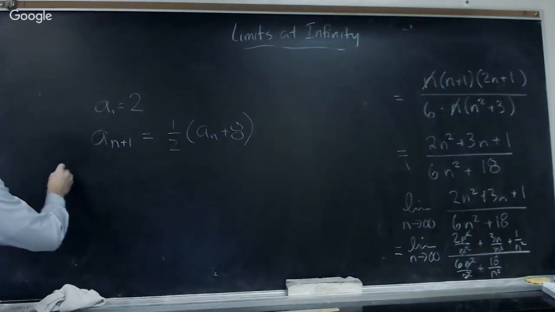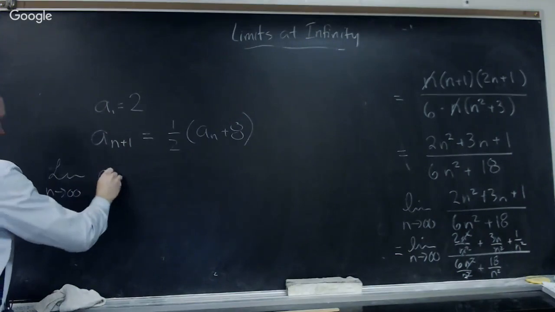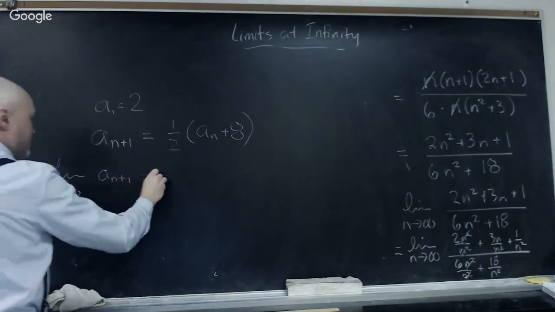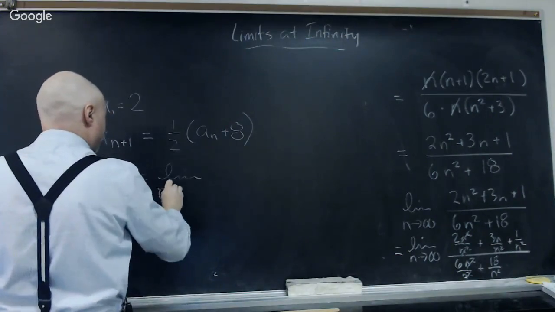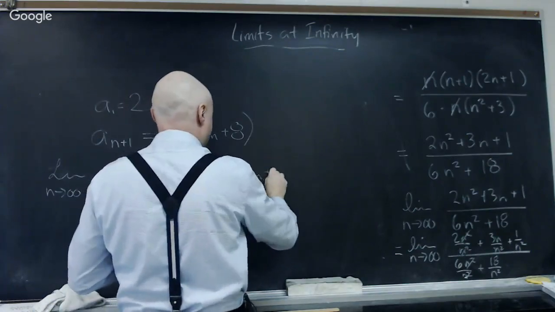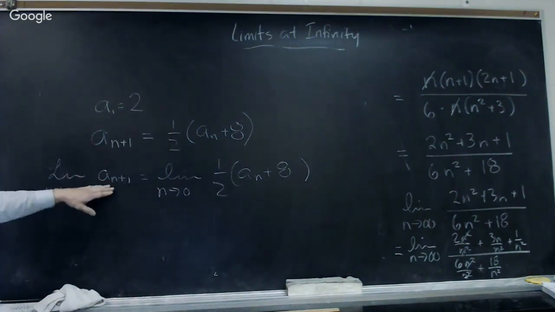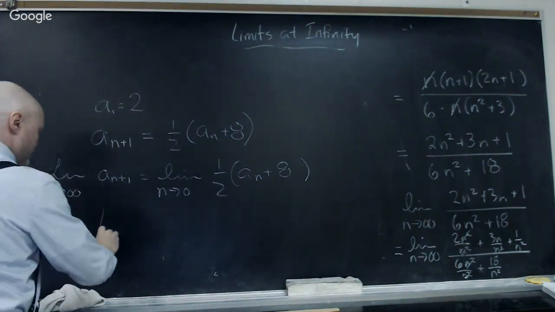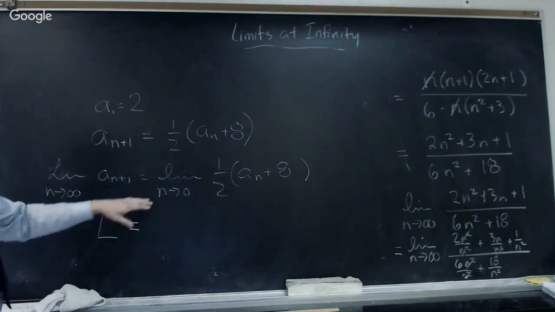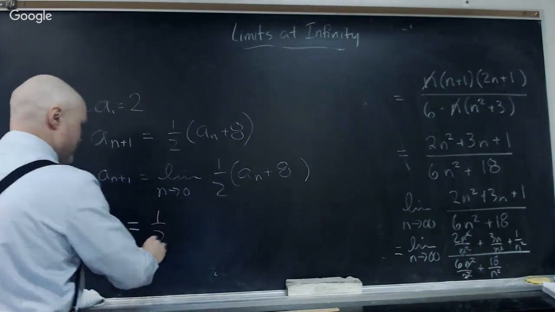is we're going to say the limit as n goes to infinity, we're going to take the limit of both sides. And so this, I'm going to say, converges to a limit L. And then we're going to use our properties of limits that basically don't matter that much.